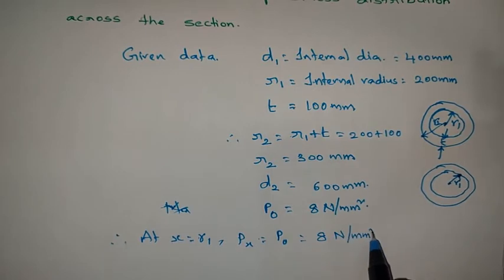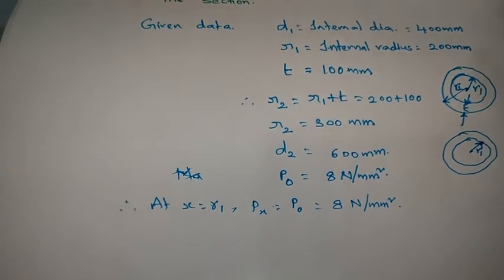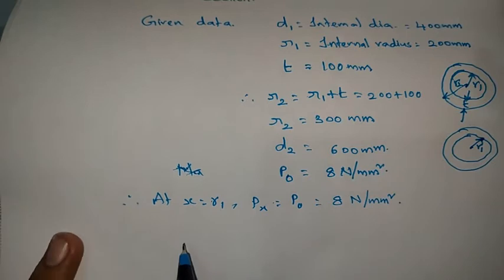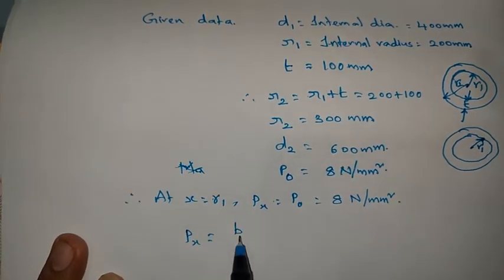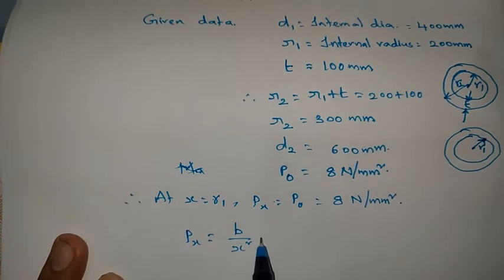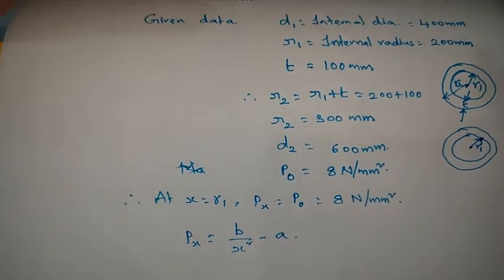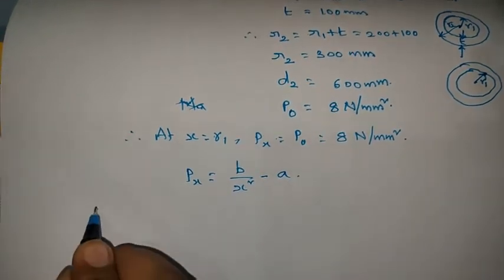Okay, so now let us calculate the hoop stress values, maximum and minimum, and also the radial stresses. So what is the radial stress equation? So radial stress equation Px is equals to B by x square minus A. So now apply the boundary conditions. So what are the boundary conditions?